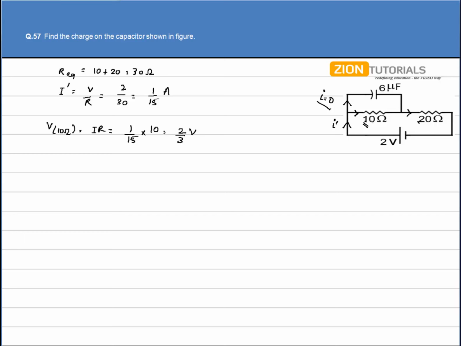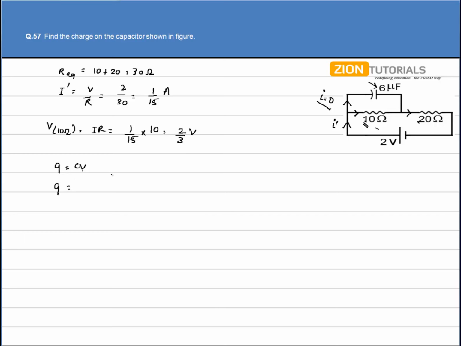Now since the 10 ohm resistor and the 6 microfarad capacitor are in parallel, the potential drop across the 10 ohm resistor will be equal to that across the 6 microfarad capacitor. So I have Q equals CV, where V is the potential drop across the capacitor, and that is the same as the potential drop across the 10 ohm resistor.